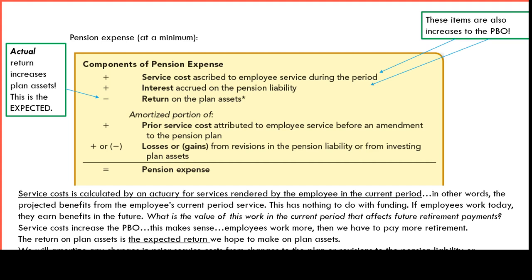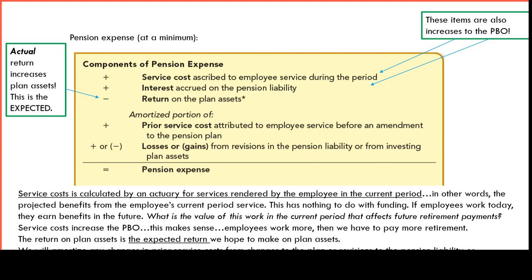And again, you would think of a return as a revenue type item, but because when we do pension accounting, we don't have revenue items, we are going to call it a negative pension expense. So if you want debits and credits, it's a credit to pension expense. And this is the return on plan assets that is the expected.